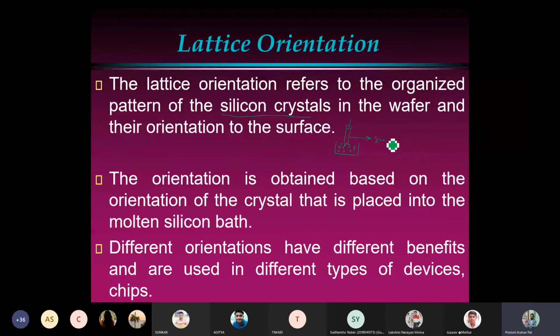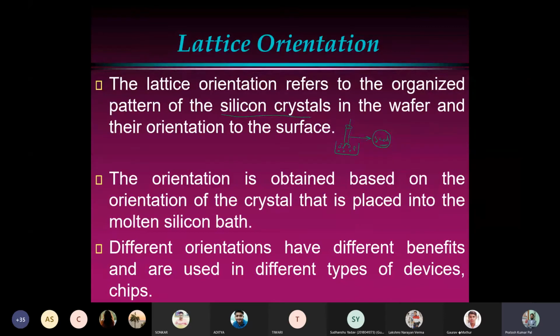If we are requiring one orientation because we are going to fabricate a BJT, then the type of seed we should use is different. Similarly, if we are focusing on a 100 crystal orientation, we will use a different type of seed material to pull out the molten polycrystalline silicon, so that we get a different orientation.